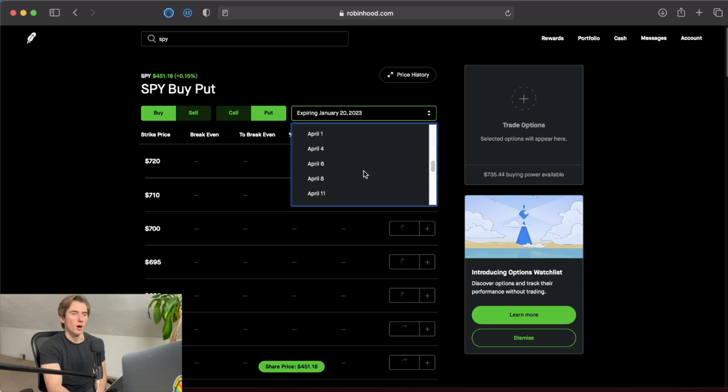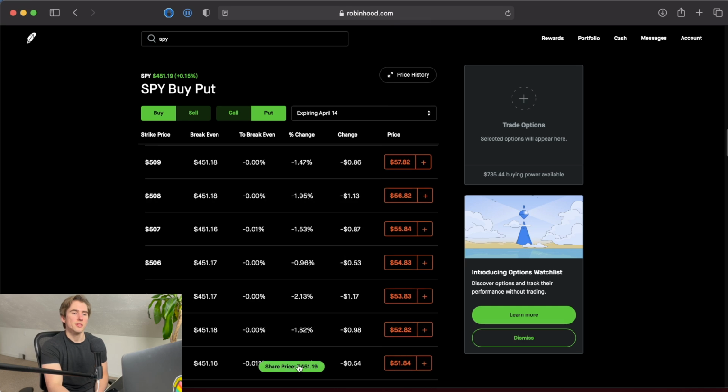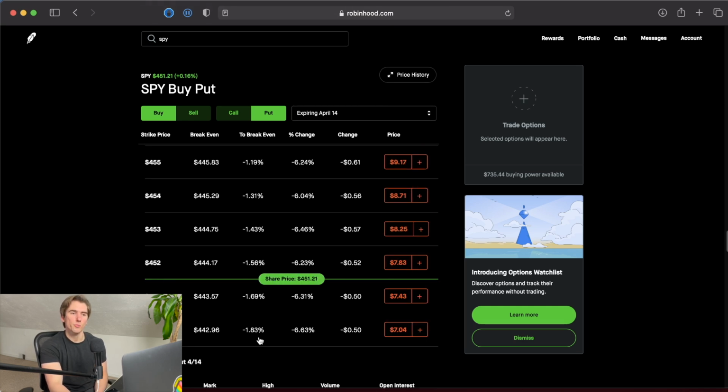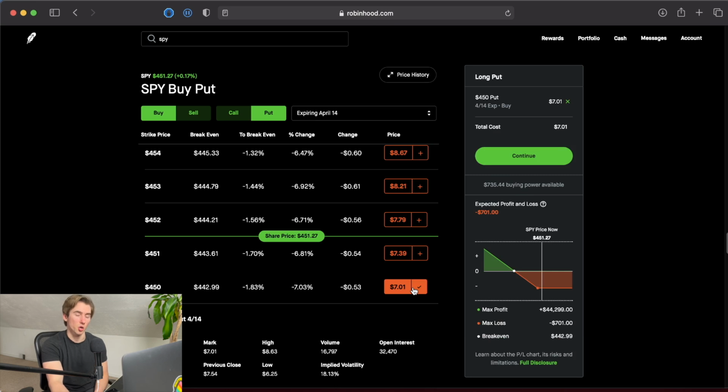Now, if I think that SPY is going to come down over the next month, then I could buy a put option with the same expiration date that we had before, on April 14th. If I chose the same strike price, assuming that SPY would be below $450 on my expiration date, I would pay $701 in order to open this option.